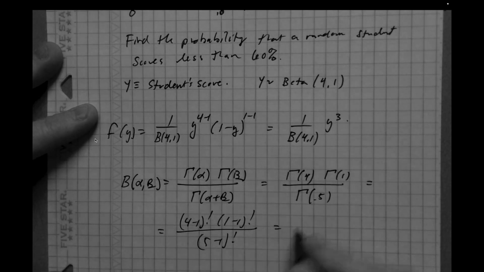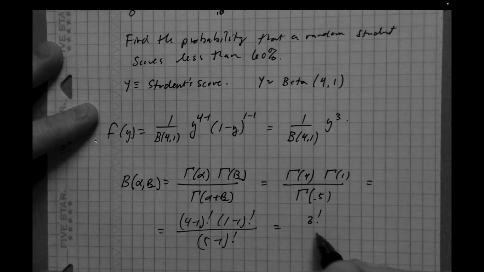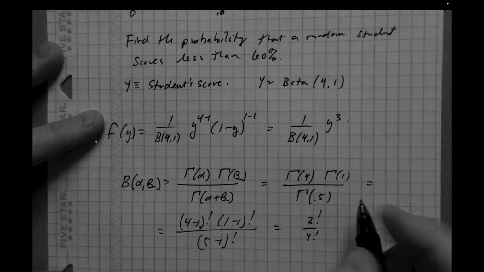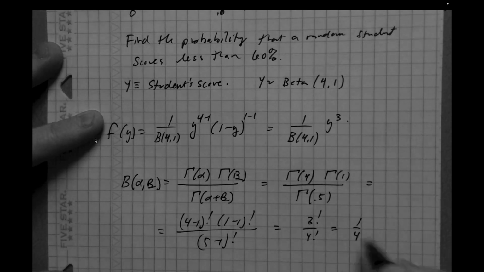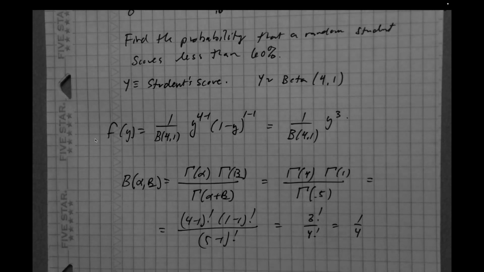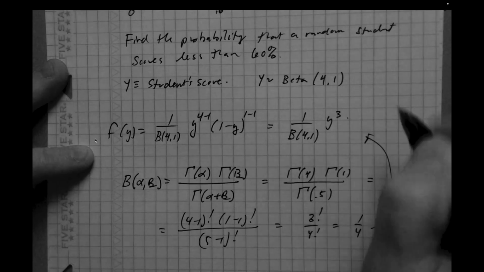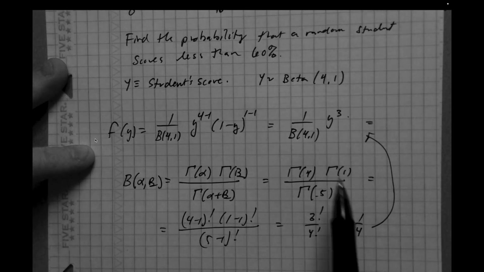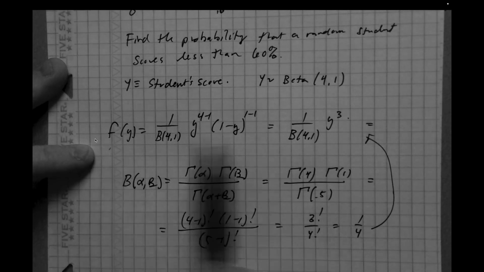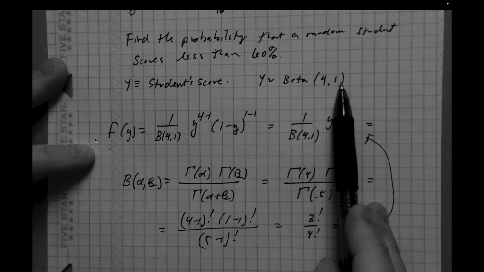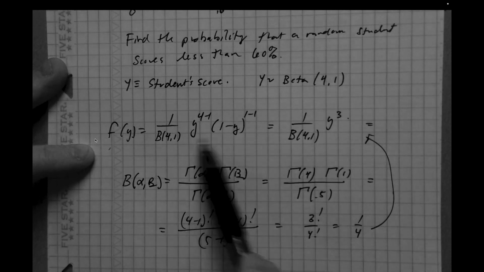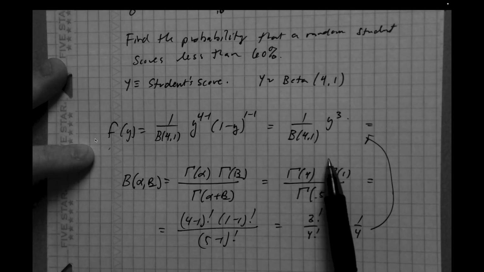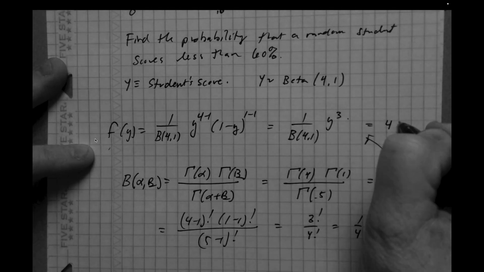And so, of course, you get 3 factorial over 4 factorial, which is equal to 1/4. So in this case, our beta 4,1 is just 1/4. And so we can plug that in up here. That means our density function for this beta 4,1 distribution is 1 over 1/4 times y cubed, otherwise known as 4y cubed.